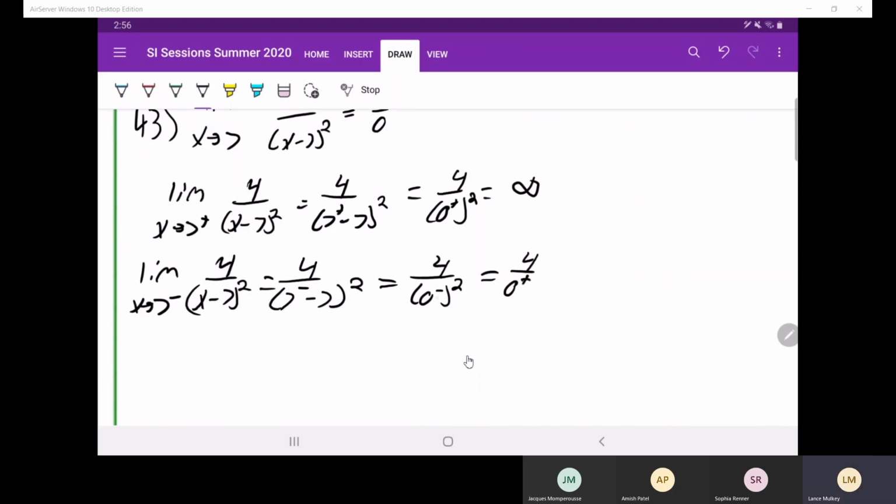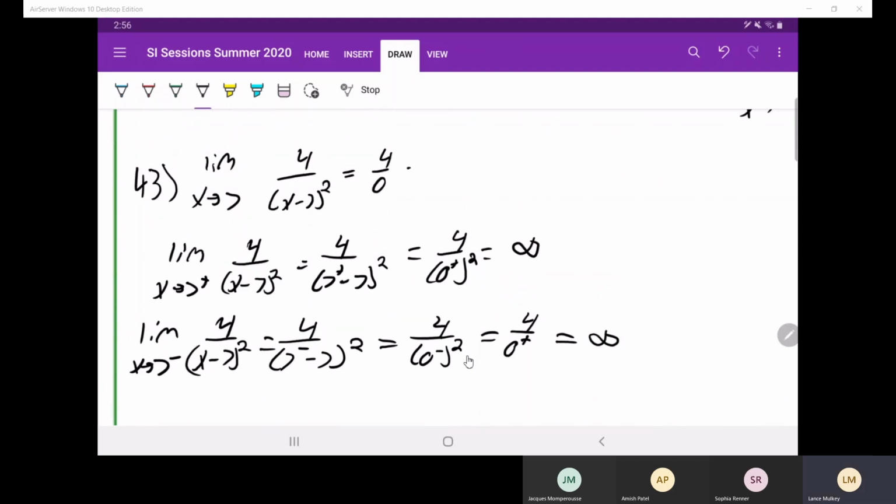That square changes the sign of this 0 minus. So this limit right here, and you have to solve it from the left and the right to be sure.